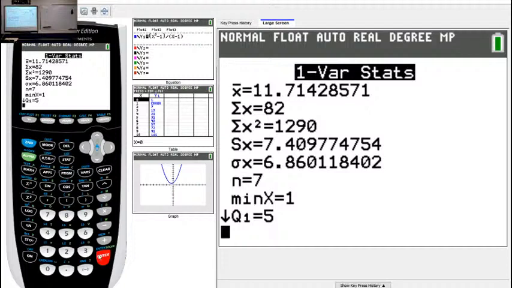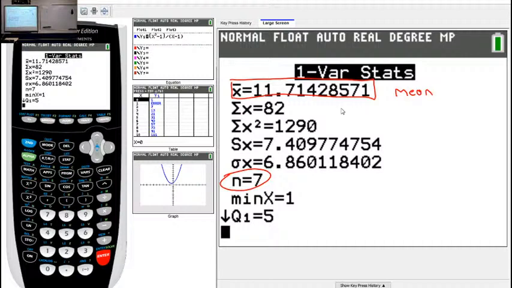Some of them we should recognize. This one we should know. This is the what? That's the mean. N equals 7 you should know. That's your sample size. We'll talk about these.